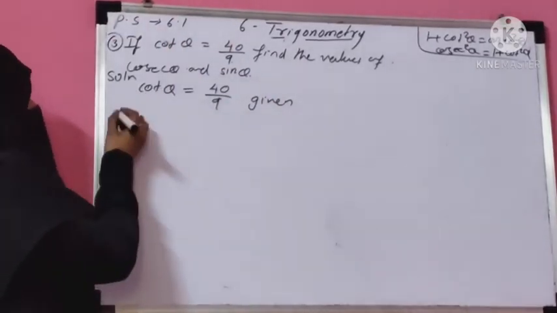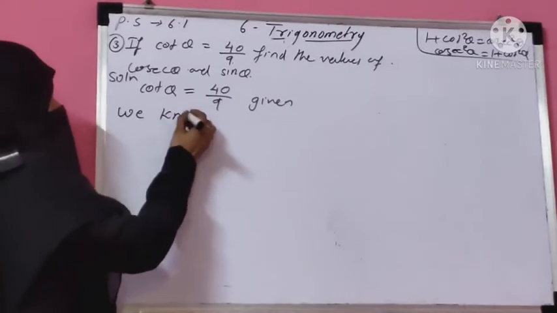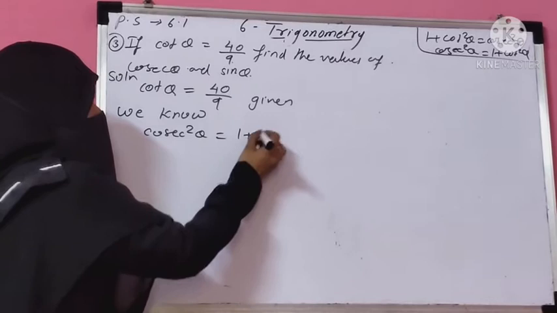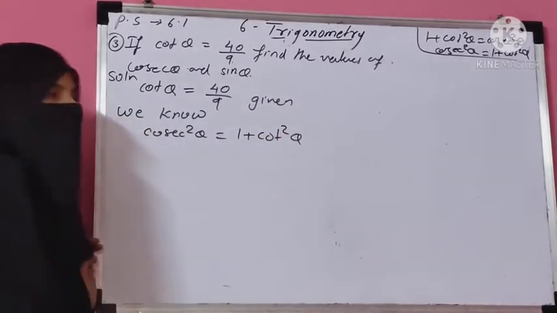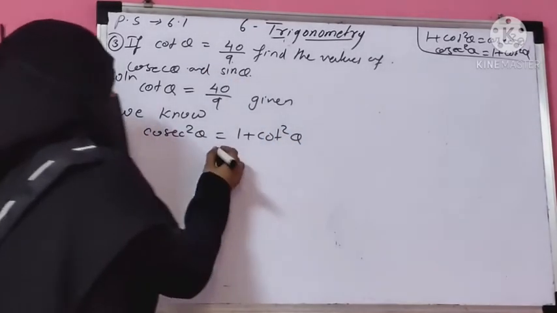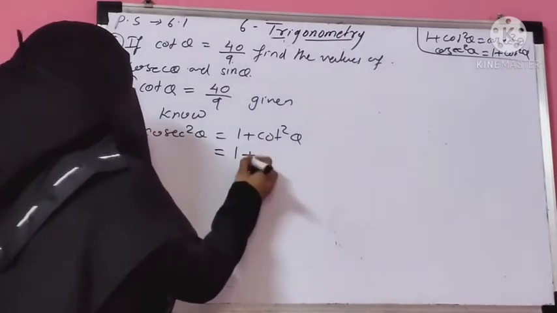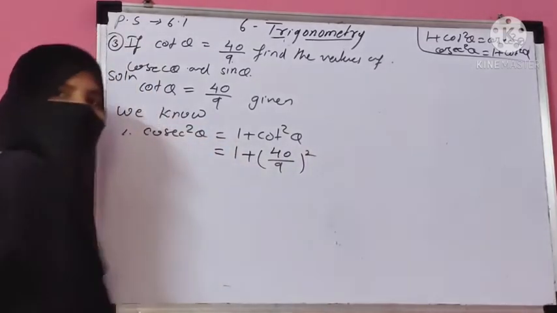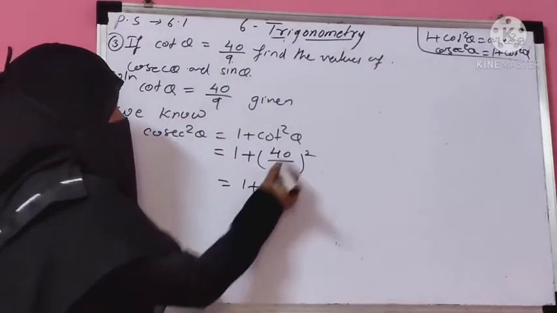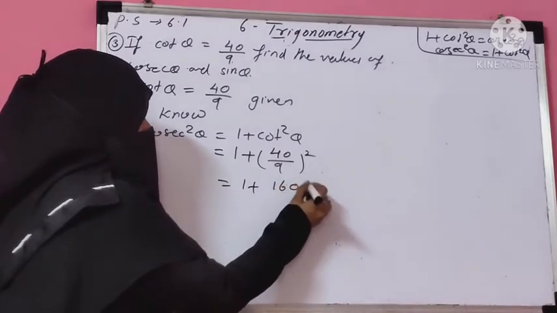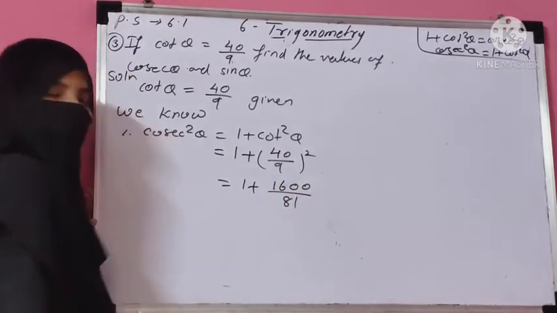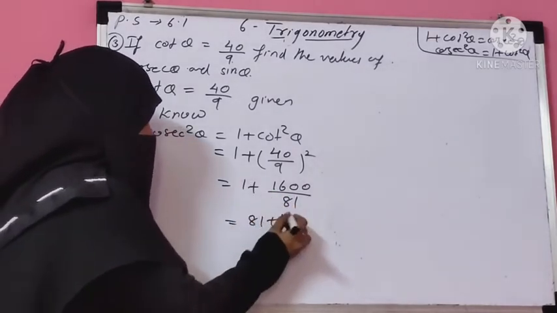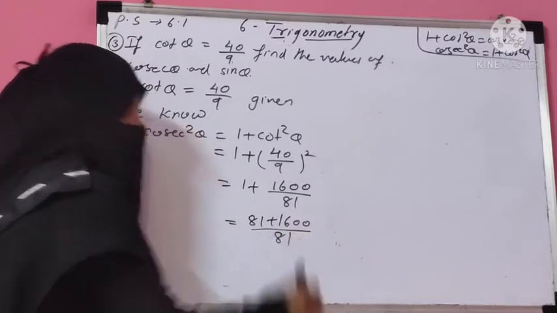So let's start. We know that by identities cosec square theta is equal to 1 plus cot square theta. Okay. Same as question number 2. Now substitute the values. 1 plus cot value is 40 upon 9. So 40 upon 9 square. Then next step is 1 plus 40 square is 1600, 9 square is 81. Okay. Now next step is 81 ones are 81 plus 1600 divided by 81.